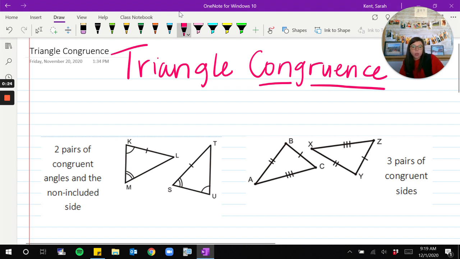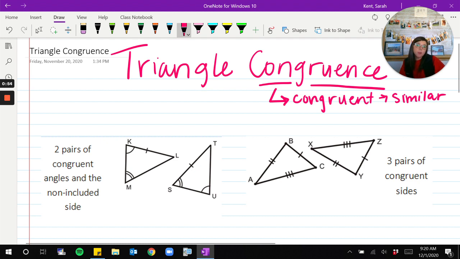When we talked about congruent, we had said that congruent means that things are similar. So if we're looking at congruent triangles, we're looking at similar triangles.